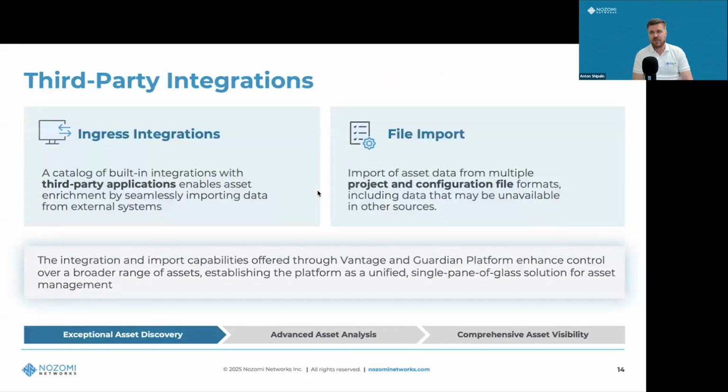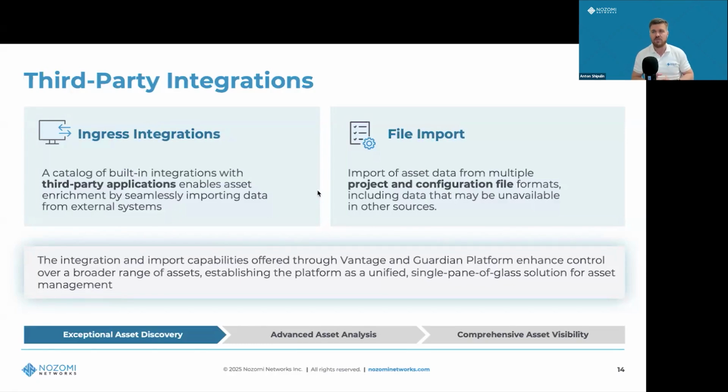The third asset collection method is through third-party integrations. Here, Nozomi Networks collects and enriches asset data by seamlessly importing data from third-party applications and external systems. We also support file import, bringing in asset data from multiple sources, project and configuration files in different formats, including data that may be unavailable in other sources.